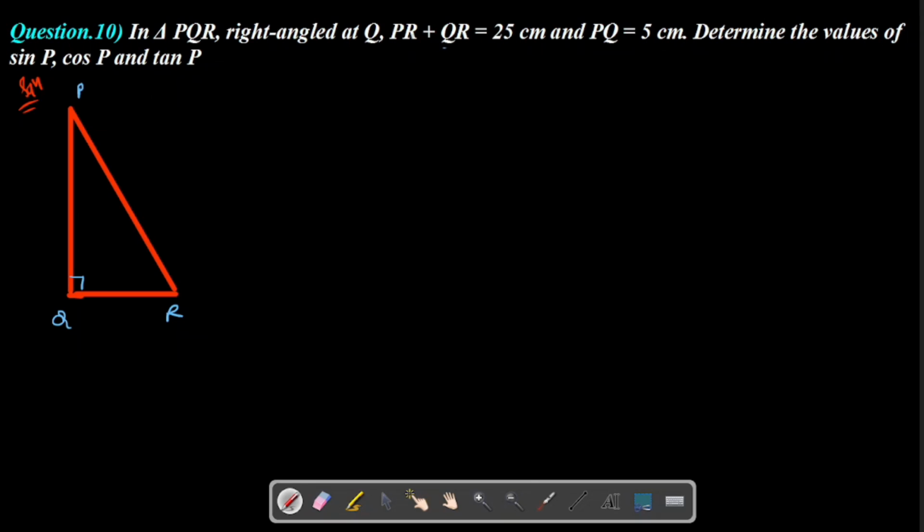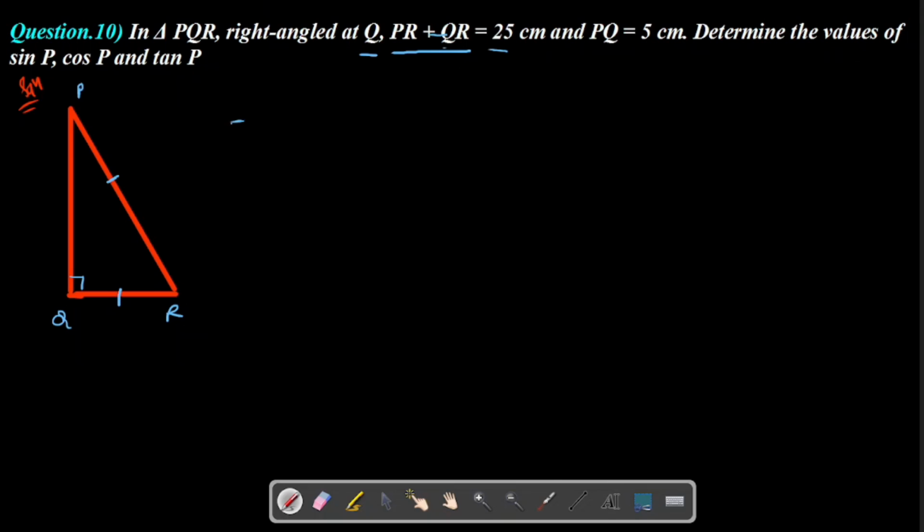So we have drawn the right angle triangle which is right angled at Q. Now we are given that the sum of PR and QR is 25 centimeter. So PR is this, and QR is this.